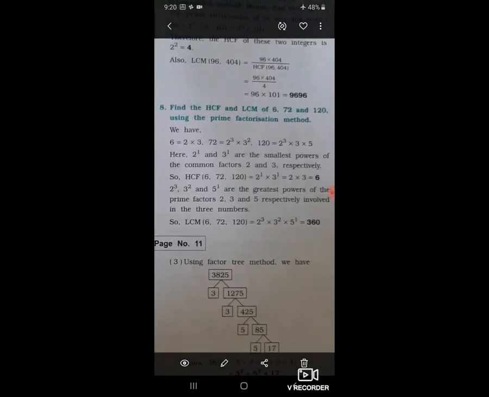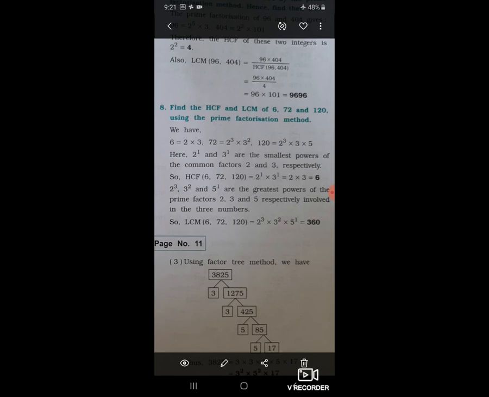Let's see the question number 8. Find the HCF and LCM of 6, 72 and 120. Using the prime factorization method, first of all, we have 6 is equal to 2 multiply 3, 72 is equal to 2 raised to power 3 multiply 3 square, and 120 is equal to 2 cube multiply 3 multiply 5.